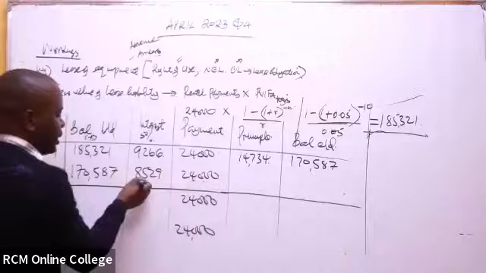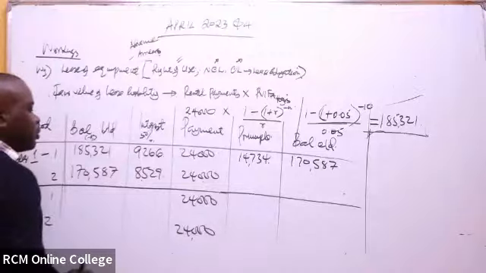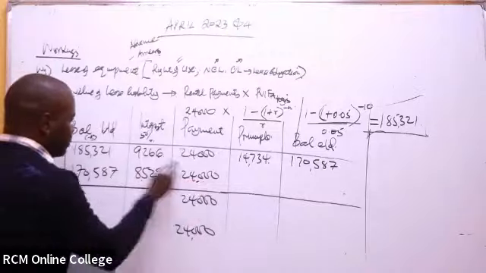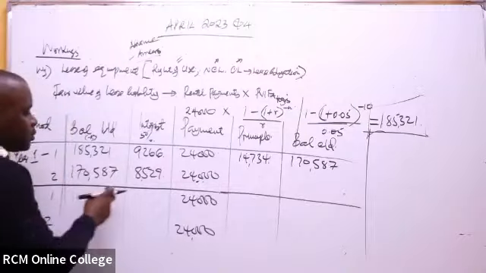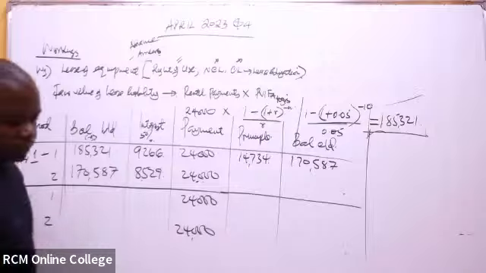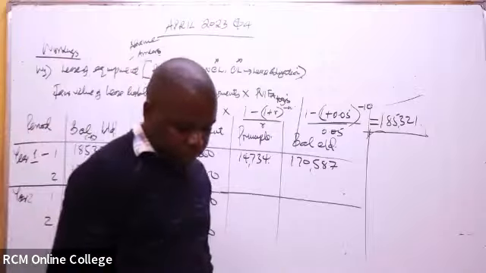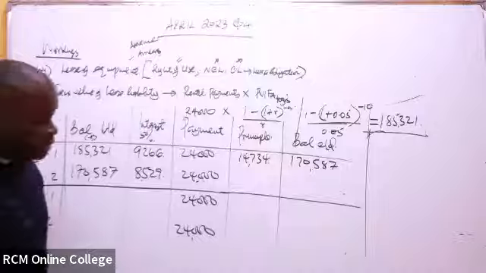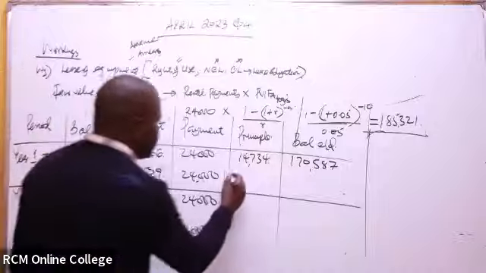You get this minus this, because in this 24 they were paying interest plus a portion of this. So you get the difference. The principal they were settling is 15,471.